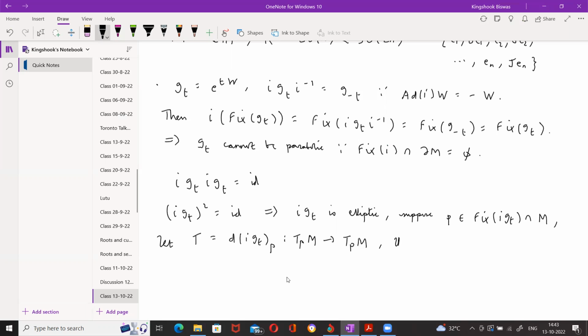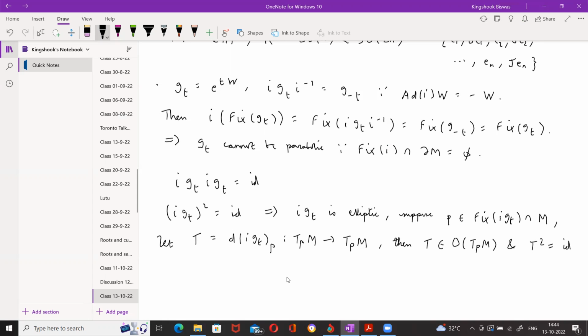So then T is an orthogonal linear map of the tangent space, and T squared is identity, right? So that means the eigenvalues of T are all +1 or -1, right? Yes.